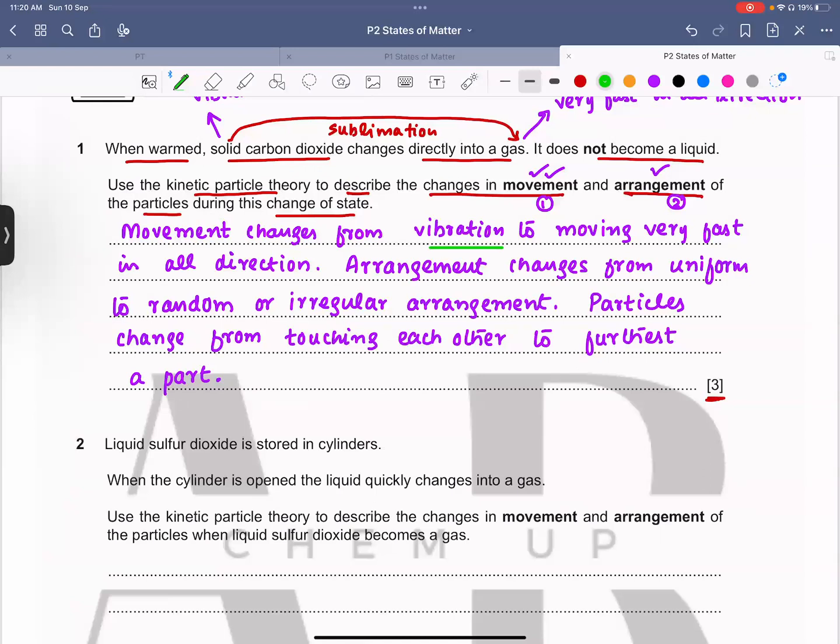Initially in solid they are vibrating, and then when they become gas they're moving very fast. By writing this change we will get the first mark. Then in arrangement we discussed that in solid they are uniformly arranged, and then we have a random or irregular arrangement that will get you the second mark. And then for the third mark we further discuss the separation of particles as it is part of arrangement, that initially they are close together and then they become far apart.